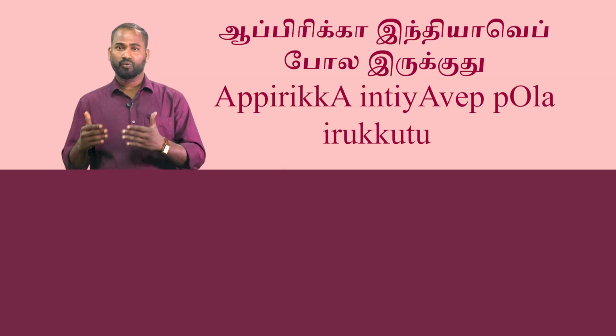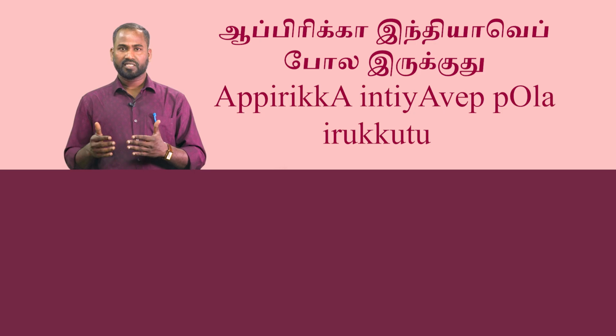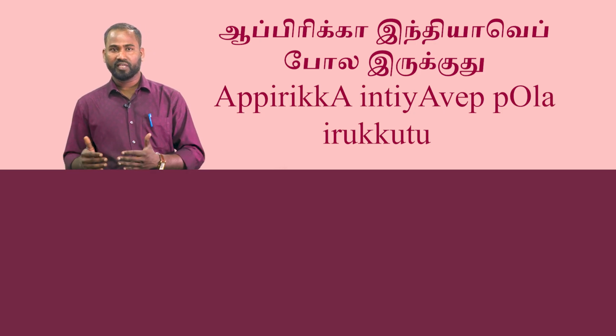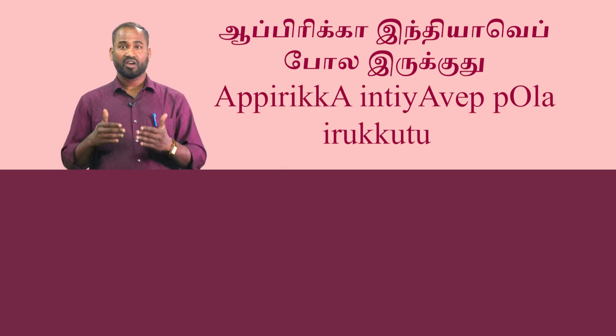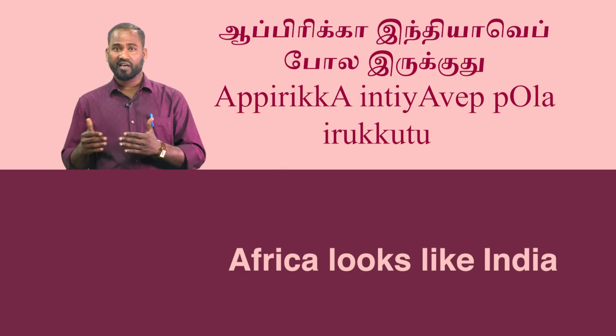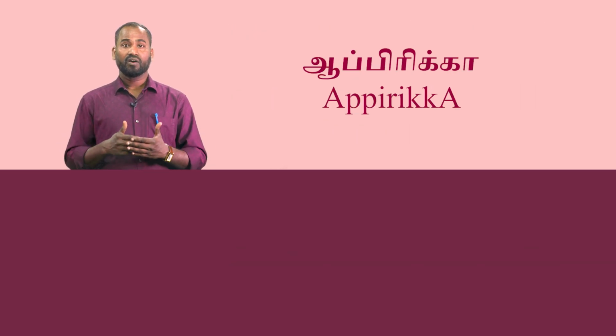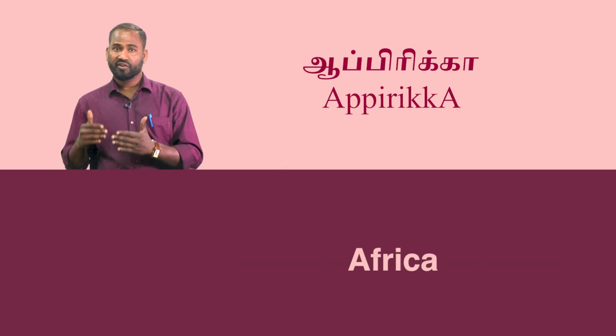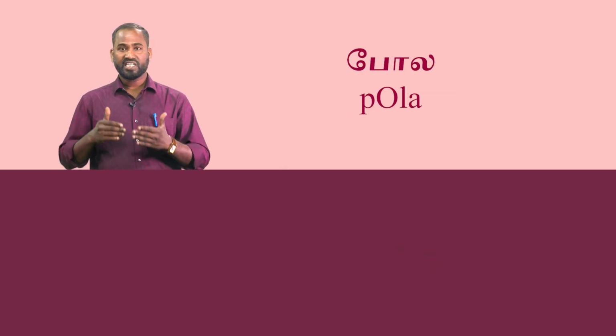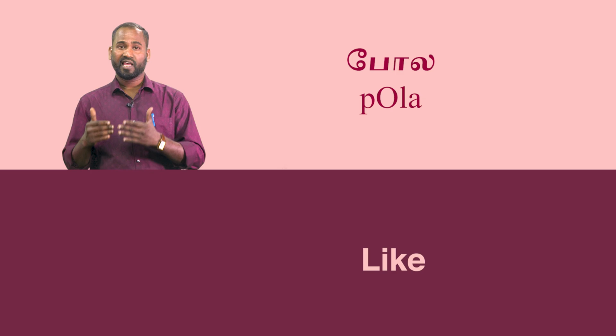Next sentence. ஆப்பிரிக்கா இந்தியாவை போல இருக்குது. The Tamil sentence ஆப்பிரிக்கா இந்தியாவை போல இருக்குது is translated as Africa looks like India in English. Here, Africa means the continent Africa. The comparative marker pola is used to indicate similarity, meaning like. In Tamil, when using comparative markers such as pola or vida, the noun being compared takes the objective case.